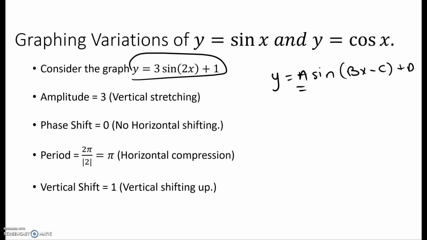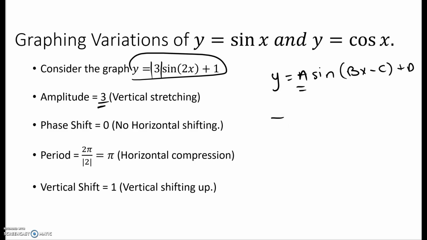So here's our A. That is the absolute value of A, so we've put absolute values around this. Absolute value of 3 is just 3. So that's our vertical stretching. Notice that I don't have a plus or minus any number, I just have a B in front of that x value.